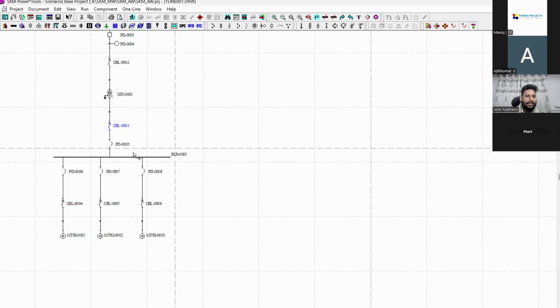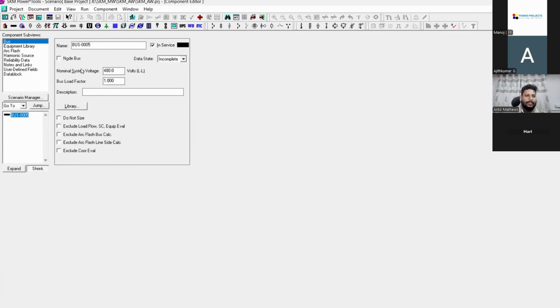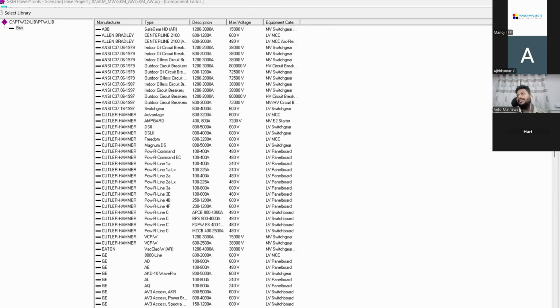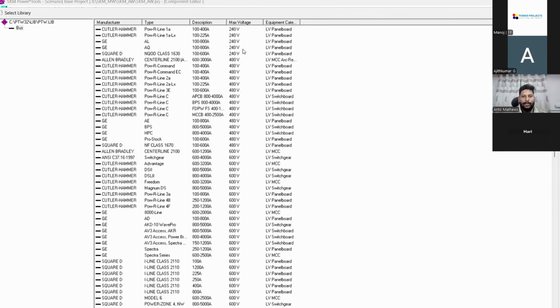The bus. For the bus also I'm going to select from a library, where my bus voltage is 480, correct? I can select this Allen Bradley.